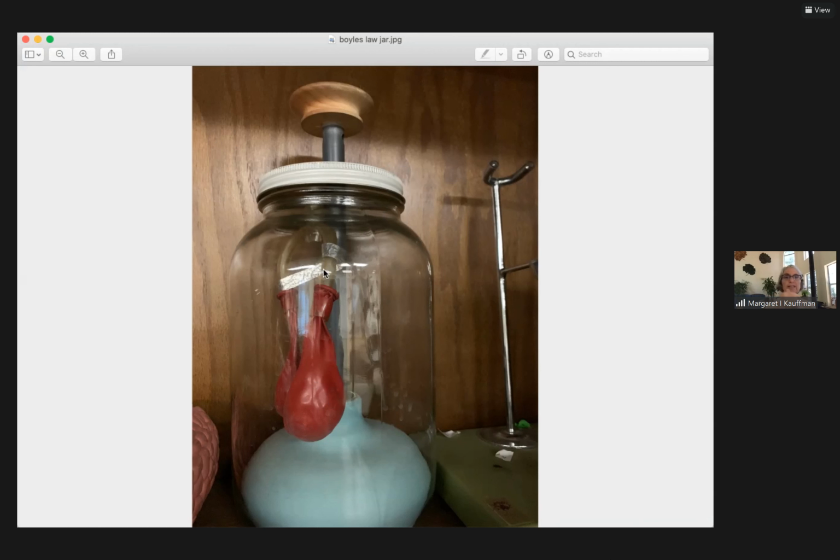Unfortunately, not being in person, we can't play with this, but most of the time, students like to push that plunger and play with this jar. The other demonstration, which you can do at home if you can find two small thin panes of glass, I use slides, is to demonstrate surface tension.